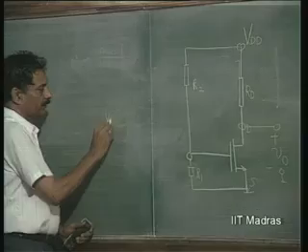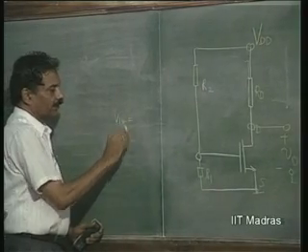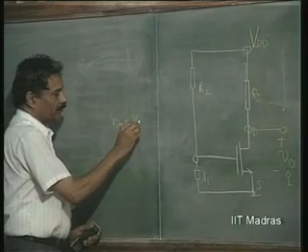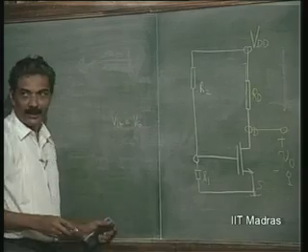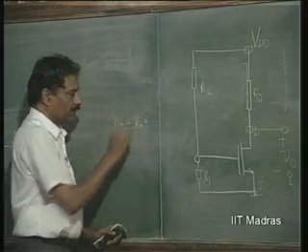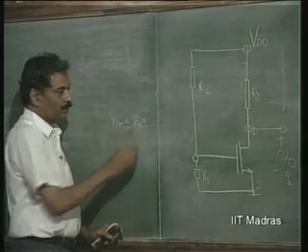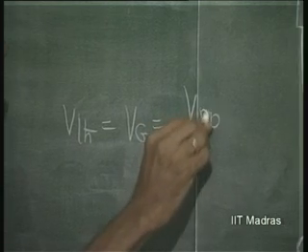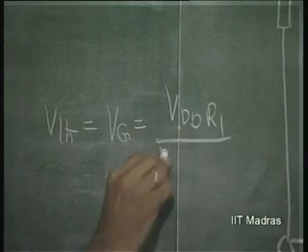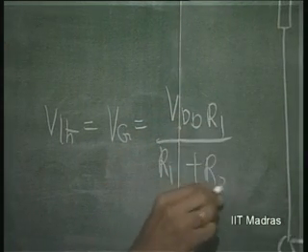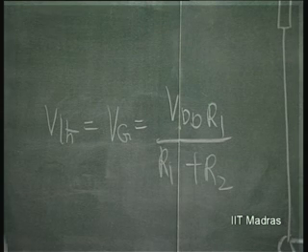So we get this Thevenin's voltage, which is the same voltage as VG, equal to VDD into R1 by R1 plus R2. This was the same in the case of a bipolar junction transistor.